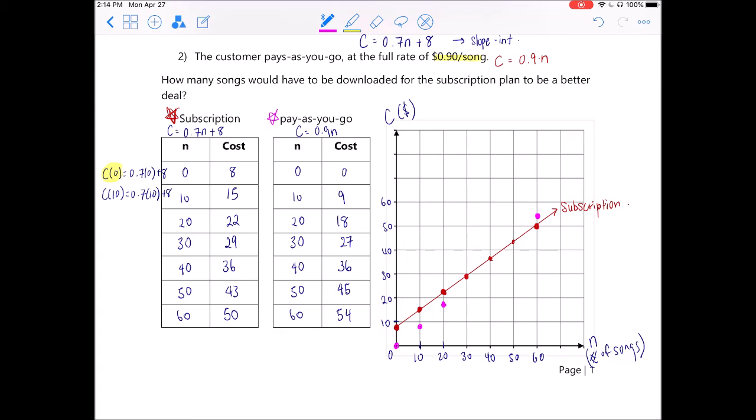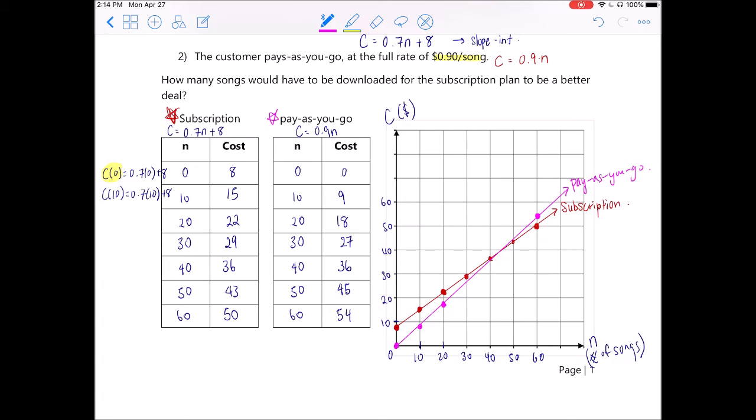Now let's try connecting those points. Close enough. There we go. This one is pay-as-you-go.